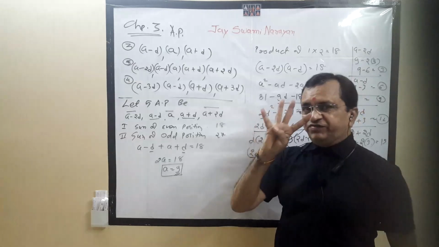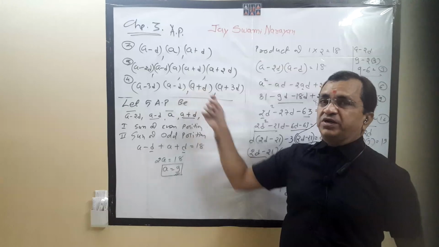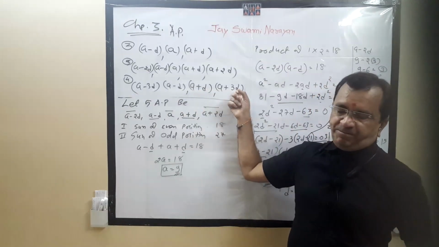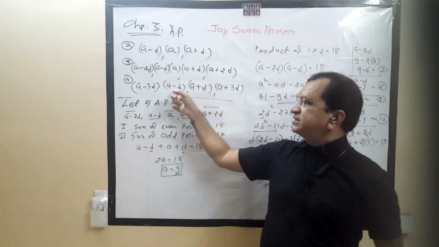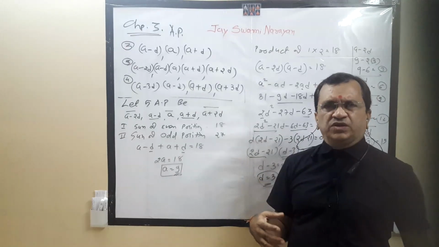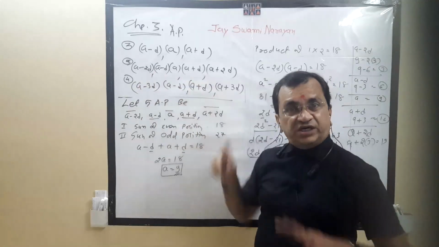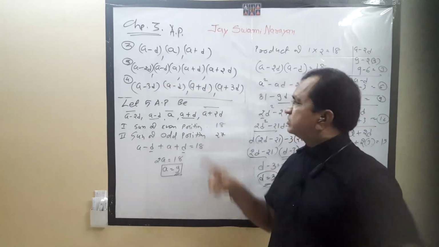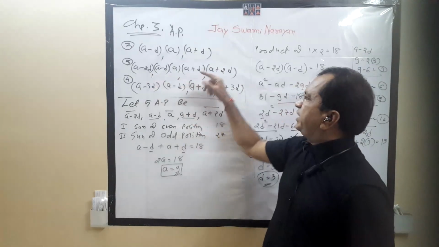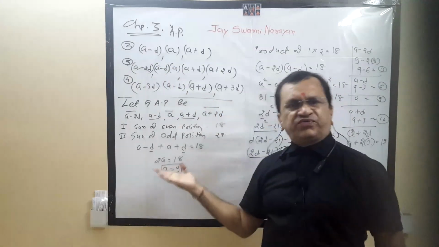If there are 4 numbers, a minus d, a plus d means minus 1 to plus 1, there is a difference of 2. Add 2d: a plus 3d, a minus 3d. 4 is slightly odd. Suppose you want to take 1, 2, 3, 4, these 4 also you can take. First 4 continuous, or last 4. So first 4 you can take, hiding this, or last 4 you can take, hiding this. These 4 also you can consider.